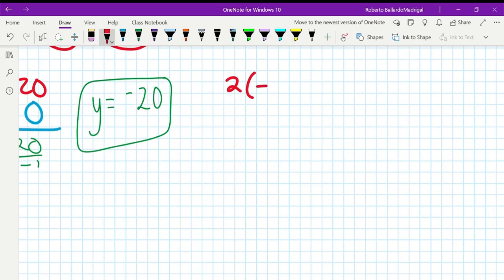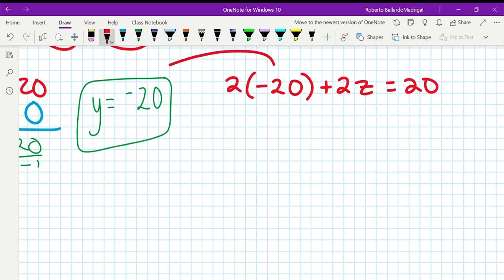I replaced the y with negative 20. That's what we said y was equal to.